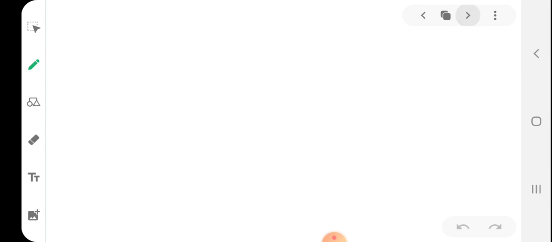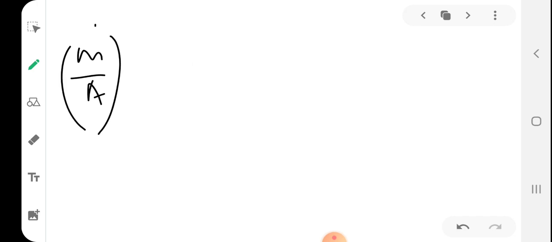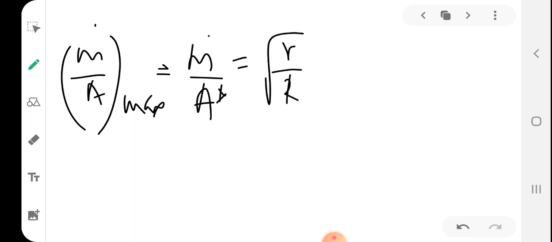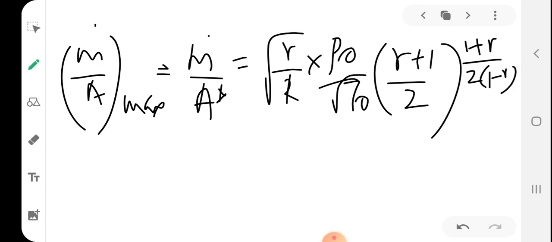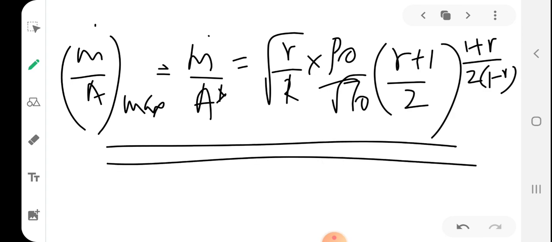So you can write M dot by A max as M dot by A star, because A will be minimum. So the value can be written as critical A star equal to gamma by R into P0 by root T0 into (gamma plus 1) by 2 to the power of minus (gamma plus 1) by 2 into (gamma minus 1). So this is the equation for maximum mass flux.